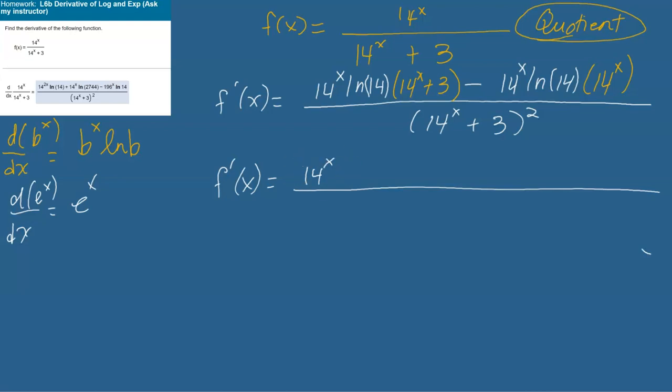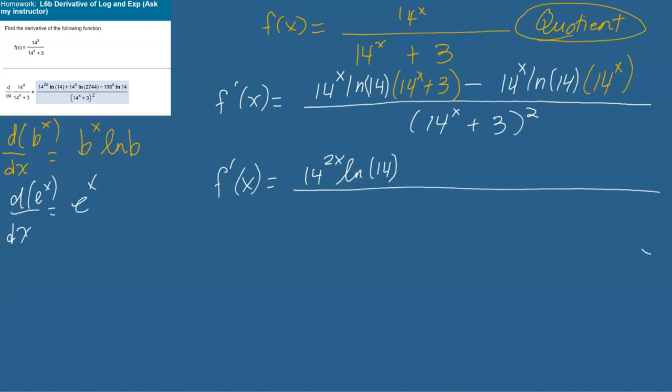And this is something you have to really think about. What does it mean to be something squared? When you have an exponent raised to an exponent, you would multiply the exponents. So 14 to the x squared will be 14 to the 2x, ln of 14. Okay, that would be the first term.